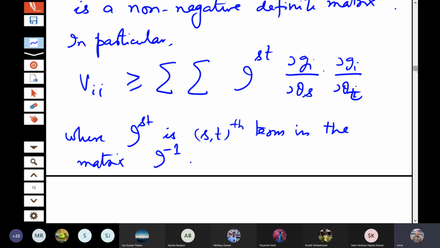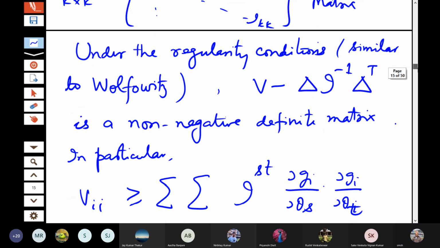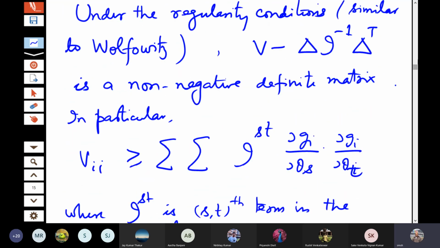I'll ask the question here. All of you are familiar with a non-negative definite matrix. Here I have used the term. You are familiar with this term? No, sir.